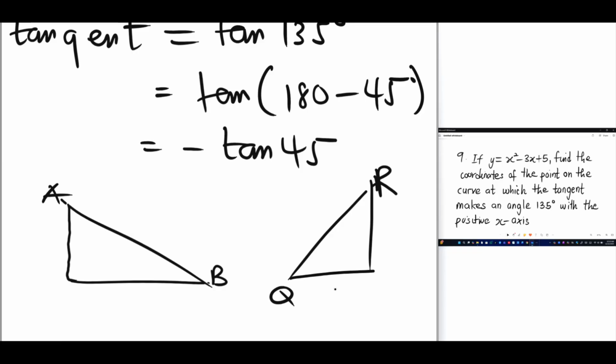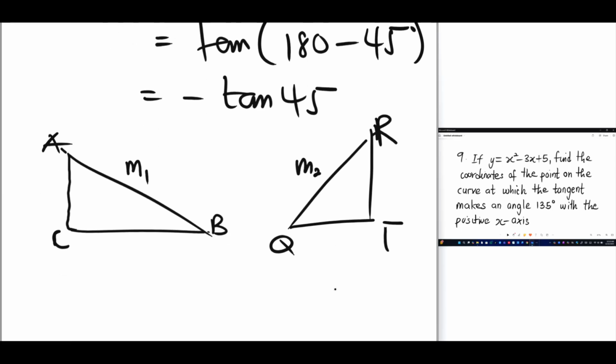So I can put a C here, and here too I can put T over here. We want to know the slope of this, M1, and that of M2. The slope of this part, M1, you have to find the change in y. So that will be AC over CB.